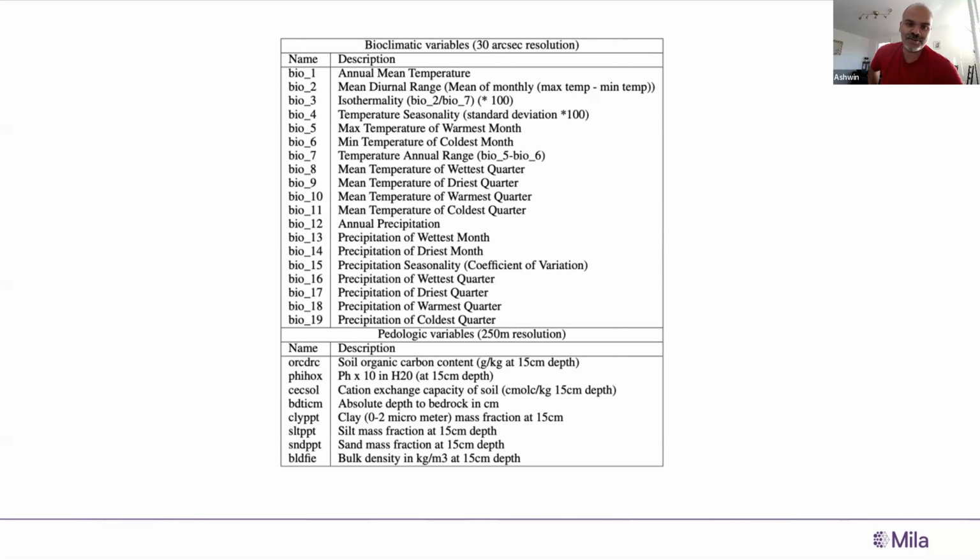Actually, I think you'd be surprised at how much there is still to do in species distribution modeling. Those are basically the kind of variables that people usually use in ecology, because they have a link to the species distribution. But there would definitely be potential to add more information.